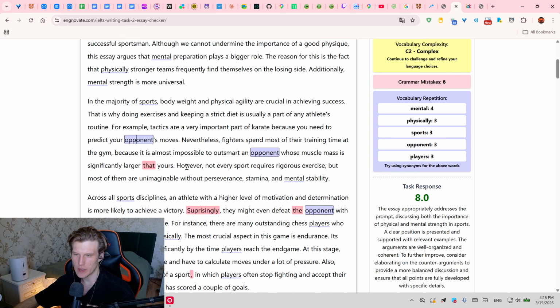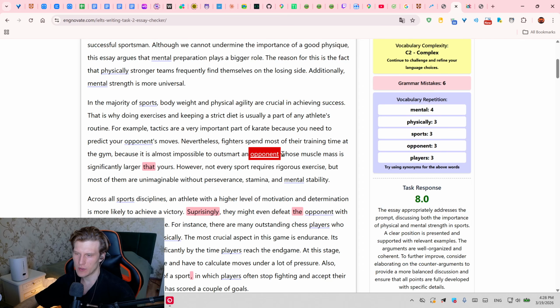Oh, okay, just repetition. Smart. Well, probably repetition is fine unless it's in 2 consecutive sentences. So probably here I would say opponent. Training at the gym because it's almost impossible to outsmart someone.